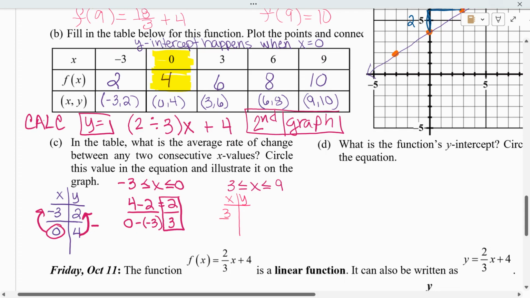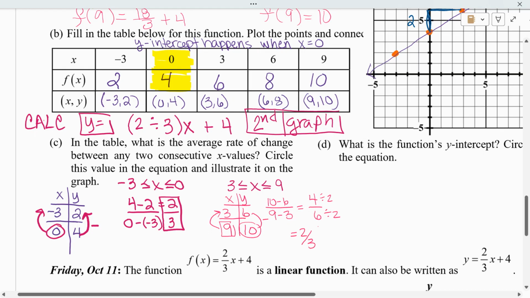When x is 3, my output is 6. And when x is 9, what is my output? 10. Okay, so we subtract outputs first. 10 minus 6 over 9 minus 3. So 10 minus 6 is 4, and 9 minus 3 is 6, and we know that 4 over 6 reduces to 2/3.